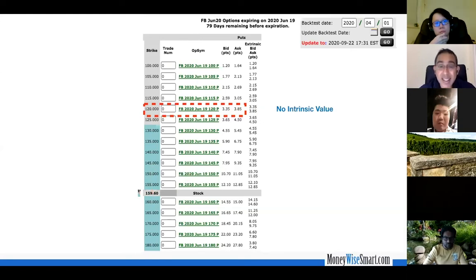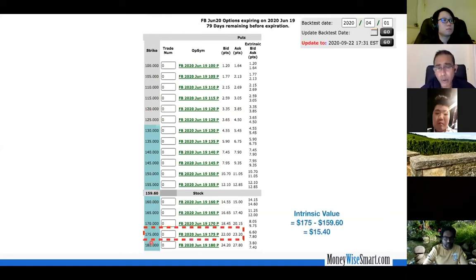So that is the protection which these put options offer, but they don't have any intrinsic value. However, if we go to the 175 strike put option, we can immediately calculate that they have an intrinsic value of 175 minus 159.6, which is equal to 15.4. So these options have $15.40 of intrinsic value.